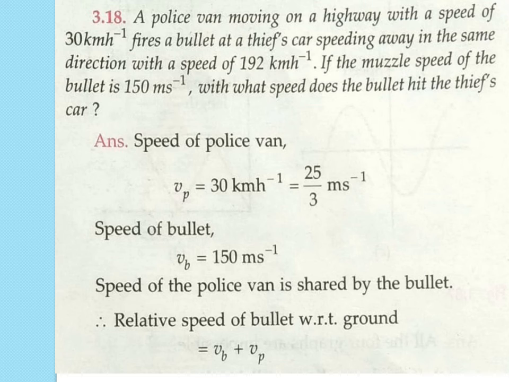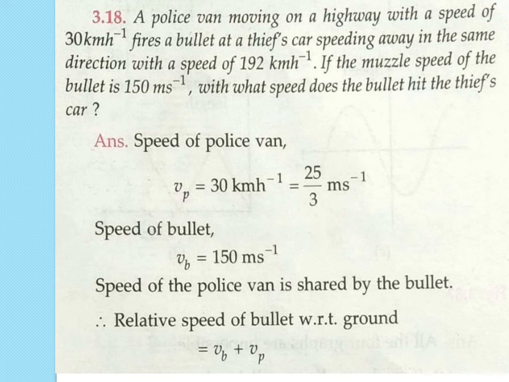Here 192 km per hour is the speed of the thief's car and 30 km per hour is the speed of the police van. If the muzzle speed of the bullet is 150 meter per second, with what speed does the bullet hit the thief's car? Muzzle speed means the speed of the bullet, that is 150 meter per second.